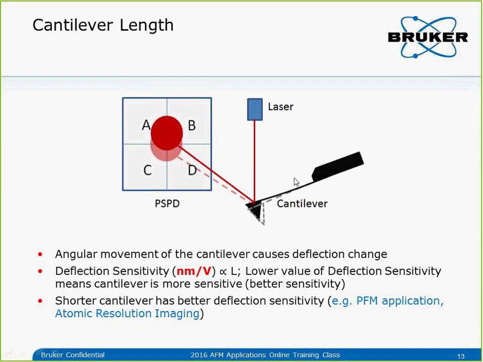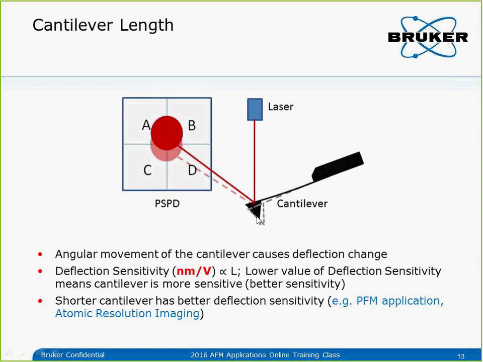In the AFM, we use this optical lever to detect the force or the cantilever movement. When our cantilever is bent, the vertical deflection changes on the photodetector. Actually, the angular movement of the cantilever is causing this deflection change.